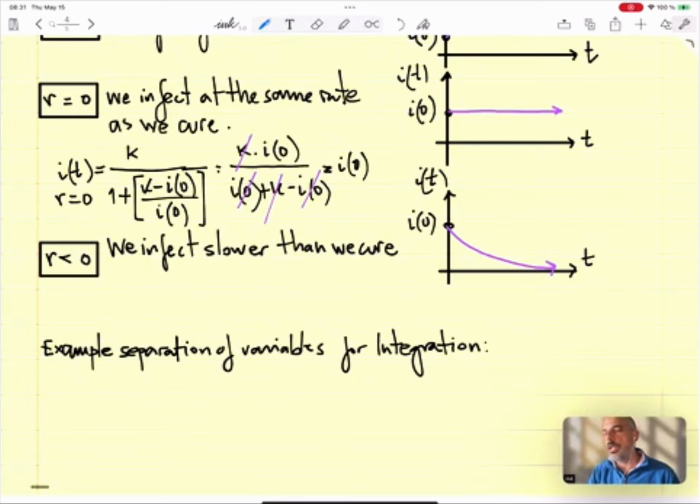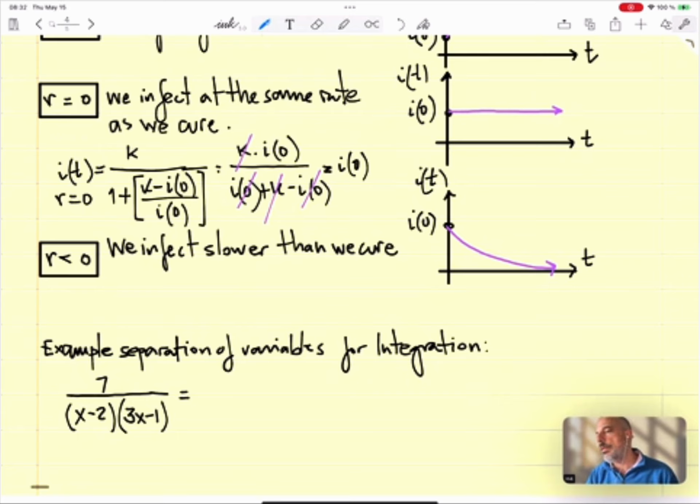So imagine I have this function, let's say 7 divided by (x minus 2)(3x minus 1), and I want to prepare this expression so that I can integrate it easily with the logarithm.